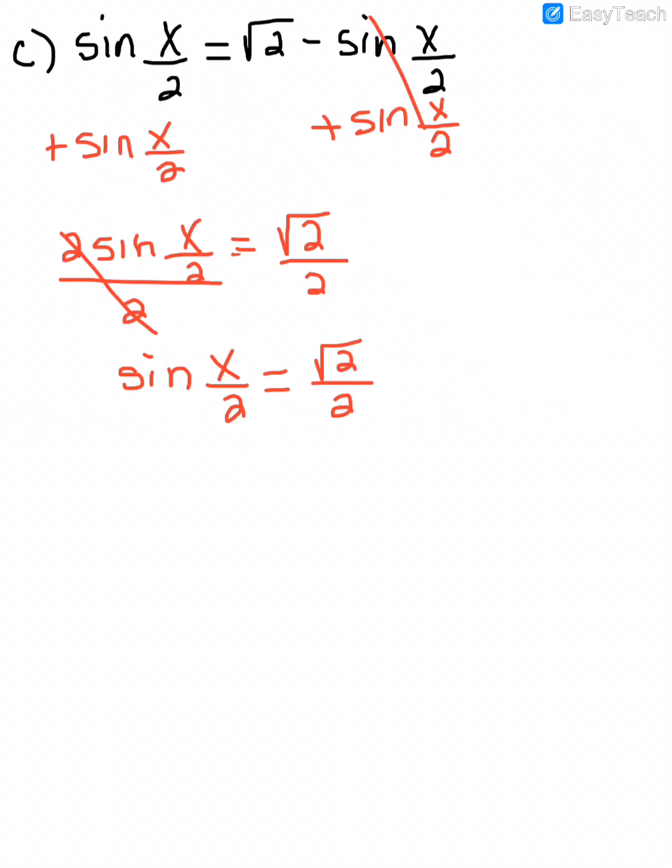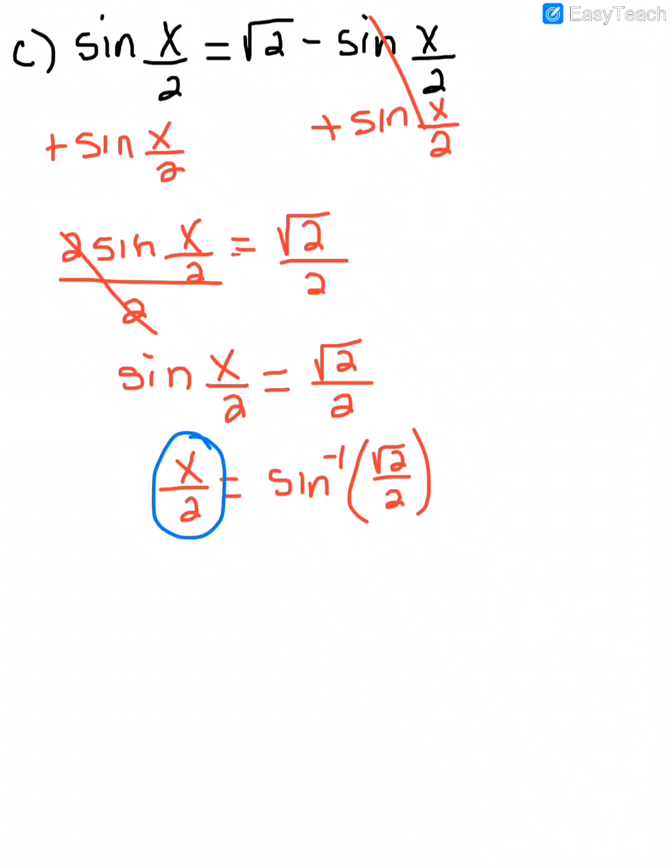Now we're going to take the sine inverse of both sides, and that gives me x over 2 is equal to sine inverse of square root of 2 over 2. Since this is x over 2, this is half of the angle. Instead of a double angle or a triple angle, this is a half angle.